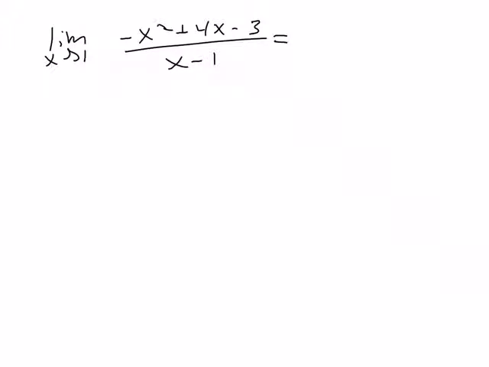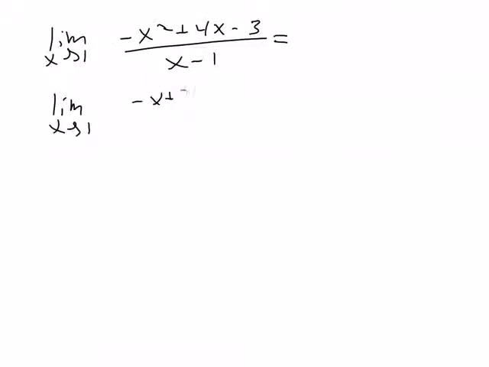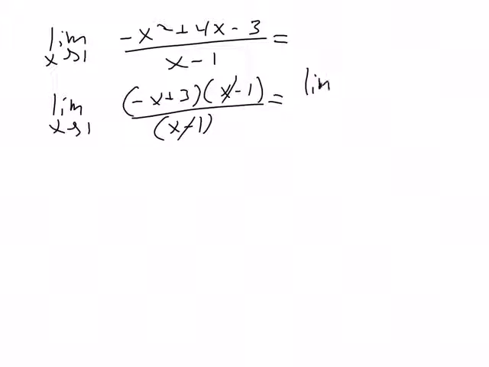And we can say that this is going to equal the limit as x goes to 1 of negative x plus 3 times x minus 1 over x minus 1. These cancel, so this is going to equal the limit as x goes to 1 of negative x plus 3, or in other words, it's going to equal 2. So m, the slope of our tangent line, is going to be 2.